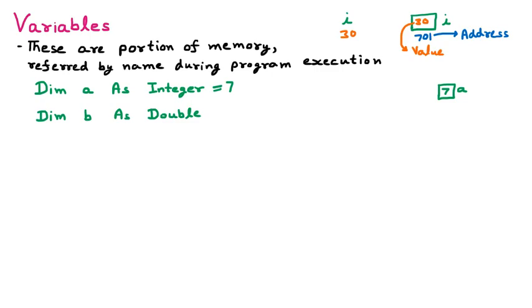That means inside the memory one block is reserved with the name B, and here we mention, let's say, 7.3, a floating point value. So 7.3 will be stored inside that particular block. This way variables can be defined, and we have initialized their values as well.